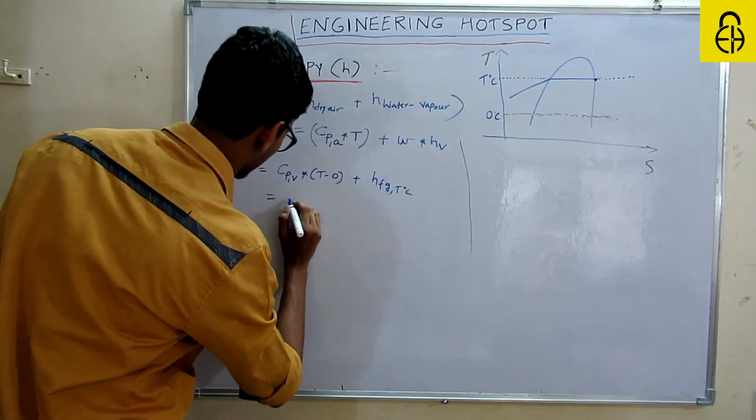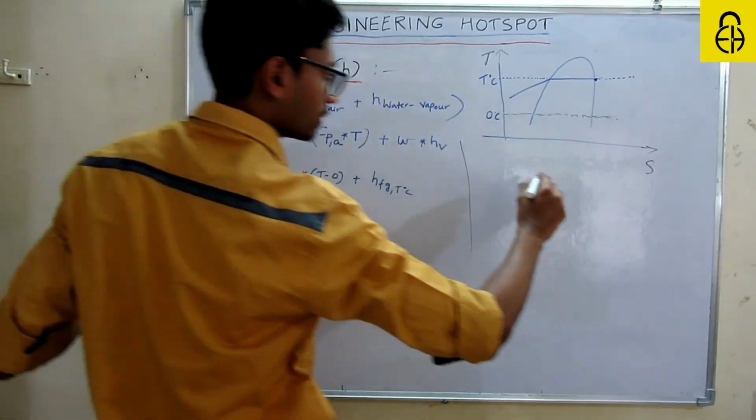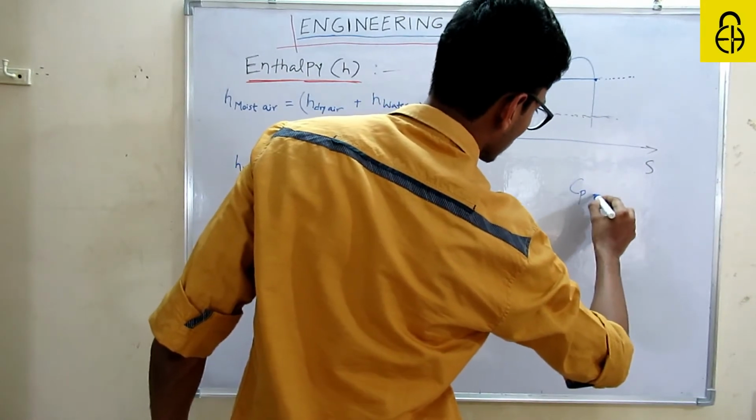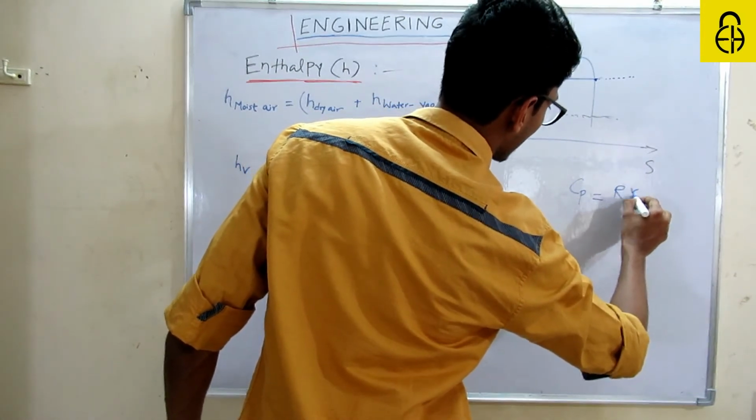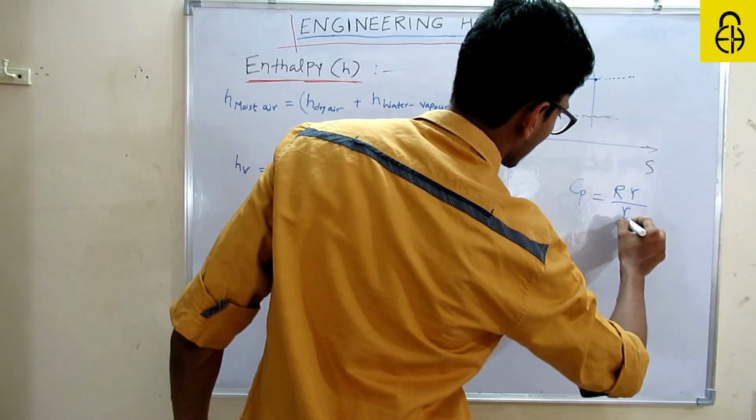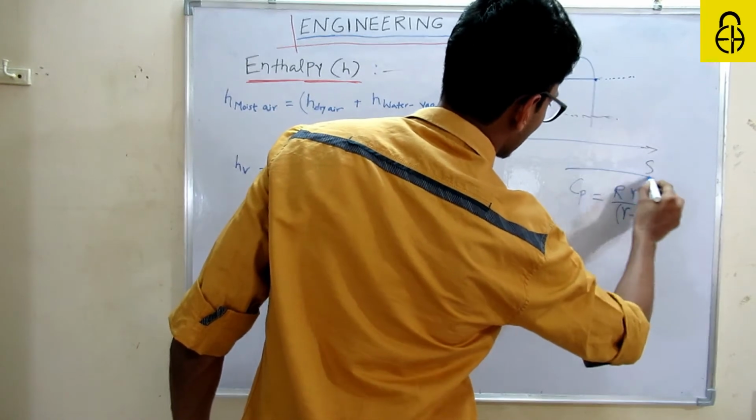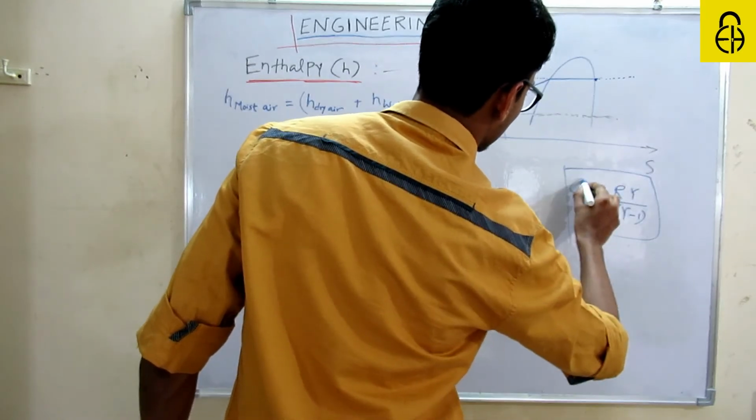Cp of vapor, if you calculate by that method, you know Cp is equal to R into gamma upon gamma minus 1. You can treat water vapor as an ideal gas.